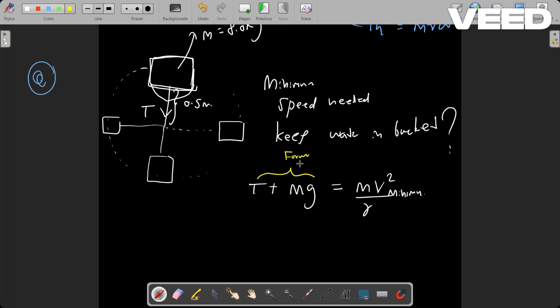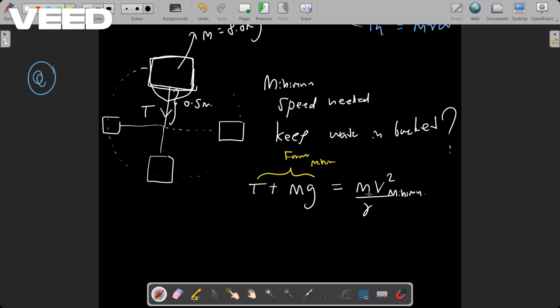When the applied centripetal force is minimum, the velocity will be minimum, right? And the m value we can't change. So to have the minimum velocity here, we have to have the minimum force. We should reduce the force as much as possible.